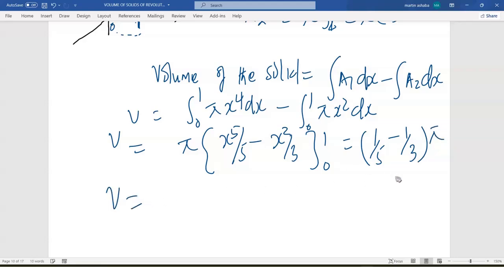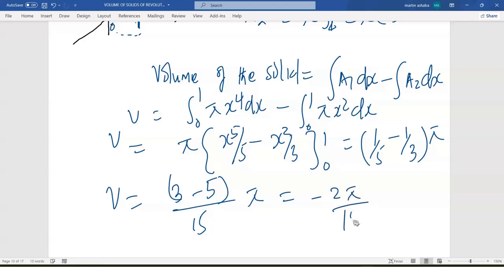So volume will be, with a common denominator of 15, 3 minus 5 divided by 15 pi. So this becomes negative 2 pi out of 15.